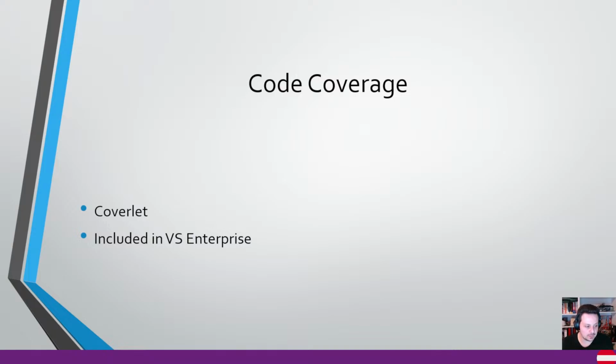This one is Coverlet. That's an open source tool that works, and there's also included in the VS Test and stuff would have functions for that, but sadly it's only in the Enterprise edition of Visual Studio, and not everybody has it.